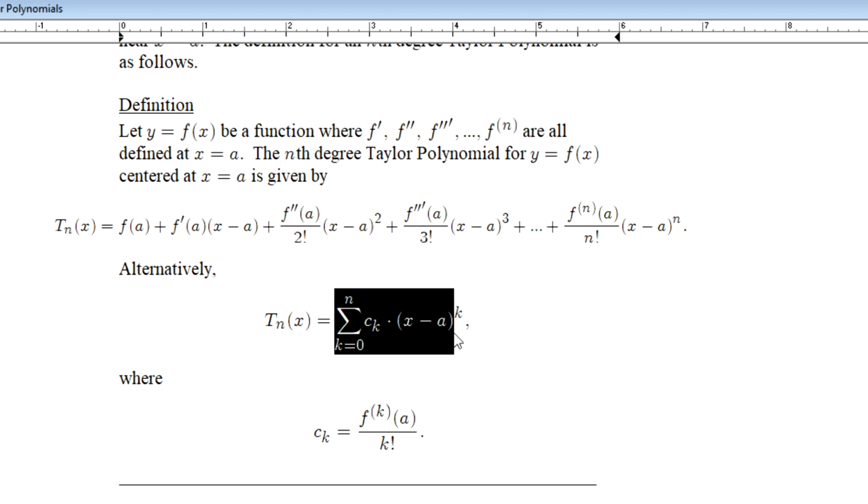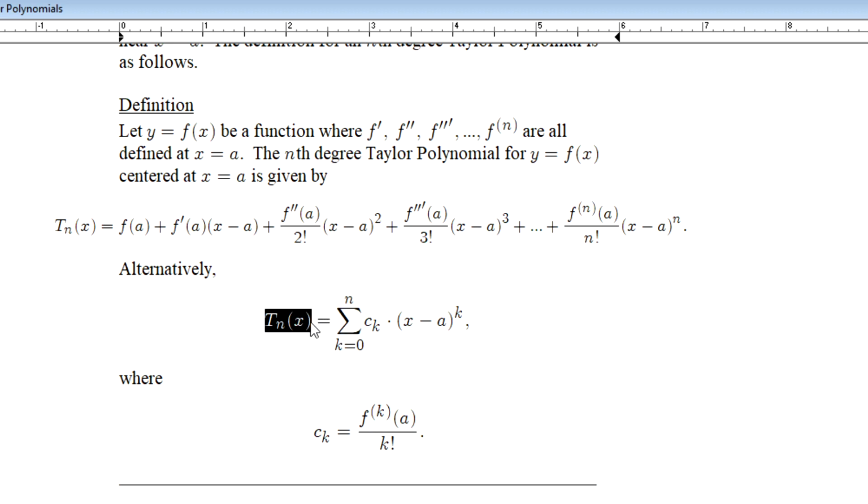It's a finite series, or what we might call a sequence of partial sums, a summation up through the nth term, where t sub n of x we might think of as the sum of the first n terms in some other infinite series, given by this format here.